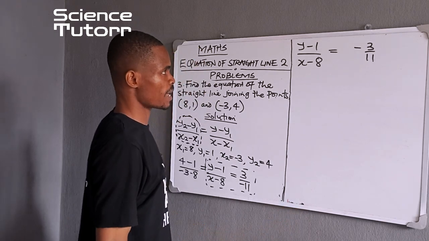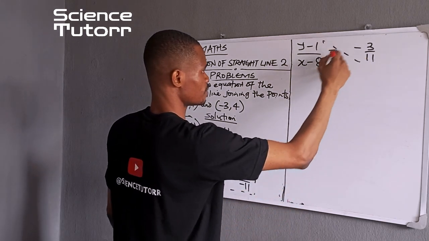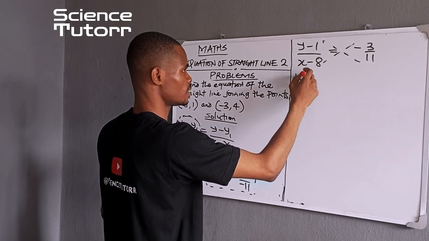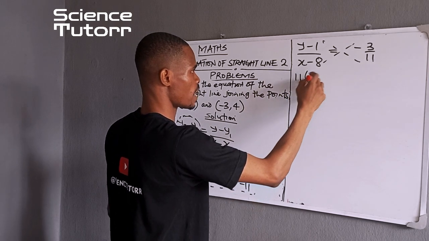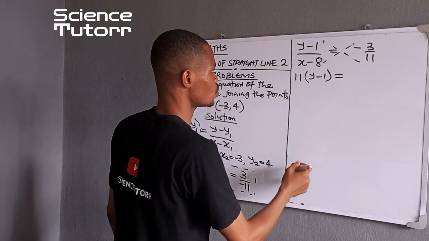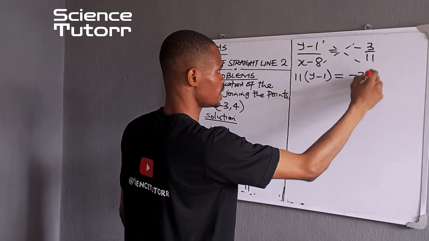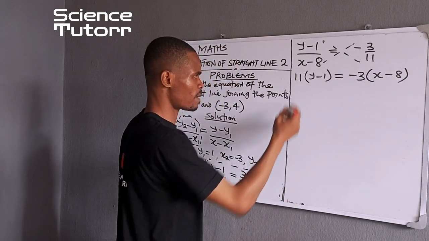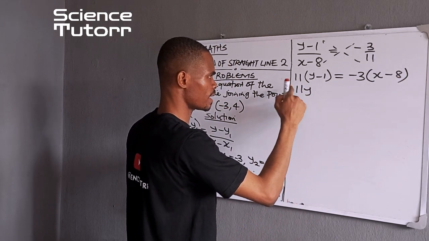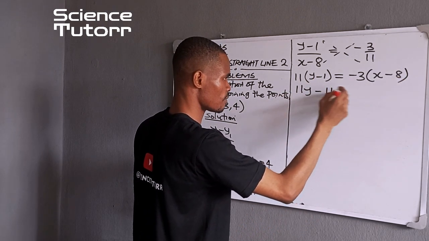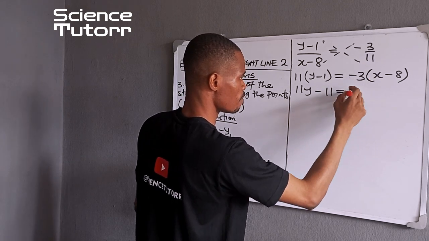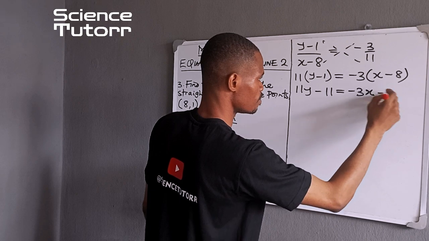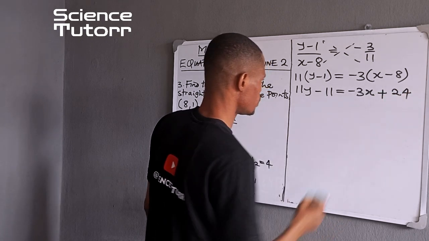So let's cross multiply this and this. So we have 11 into y minus 1 to be equal to minus 3 into x minus 8. So let's expand. This is 11y minus 11 is equal to minus 3x plus 24.